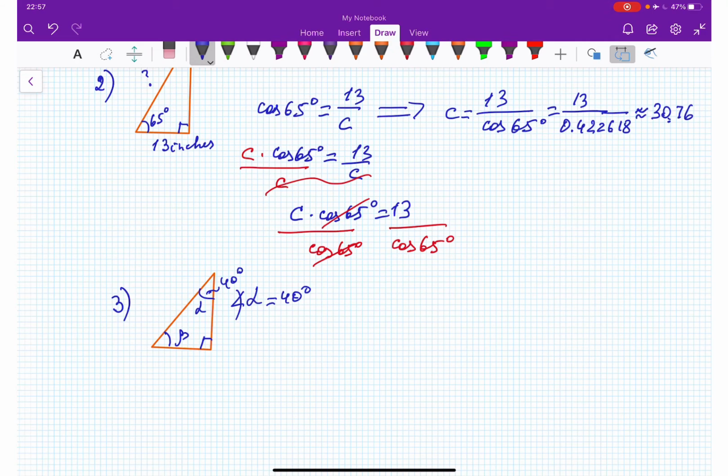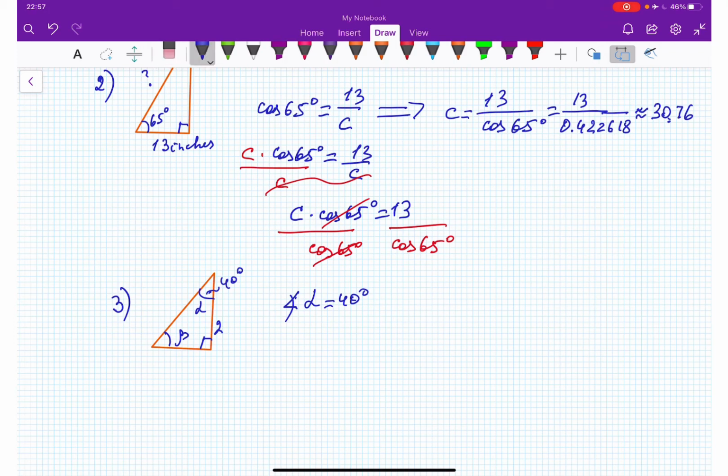Okay, and then this leg is equal to 2. If you're wondering what sign it is, this is a sign of angle. That means angle, guys. Make it nice. Okay.